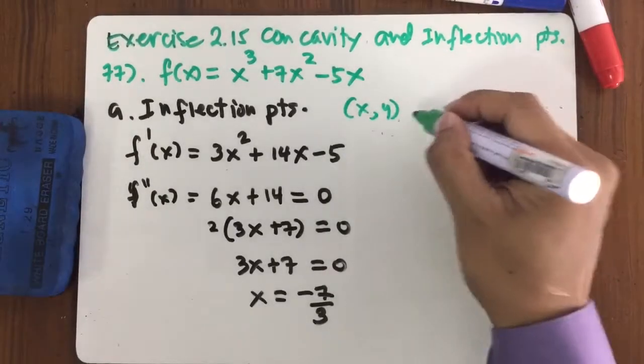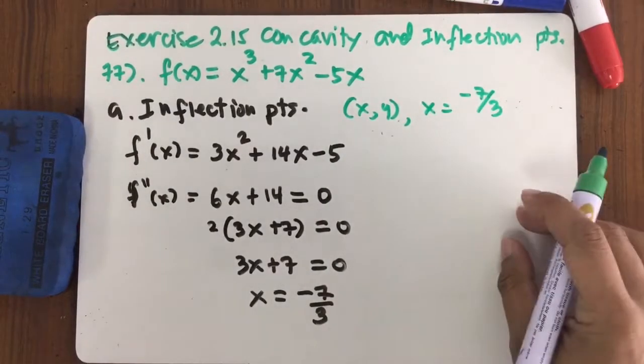Our inflection point is a point, which means meron siyang coordinates, x and y coordinates. We already know kung ano yung kanyang x coordinate. It's negative 7 over 3. How do we obtain the y coordinate of the inflection point?